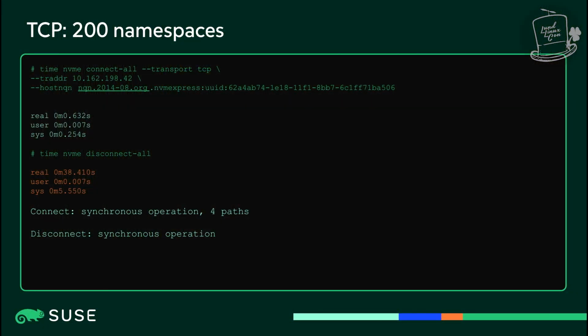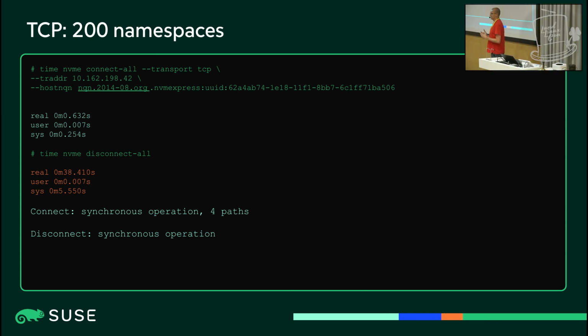So one thing I tried to do is, when you have a host and a target and the target exposes lots of namespaces, what will happen? We have this userland tool, nvme-cli, which has the connect-all command, and it does exactly what the name says. It tries to connect all namespaces it's discovering and sets up the whole system. With NVMe TCP, the NVMe transport protocol is encapsulated in a TCP connection and passed over to the target side.